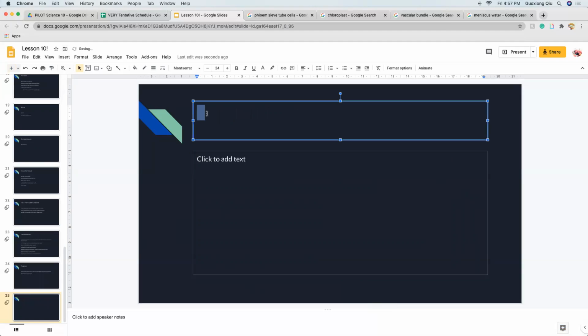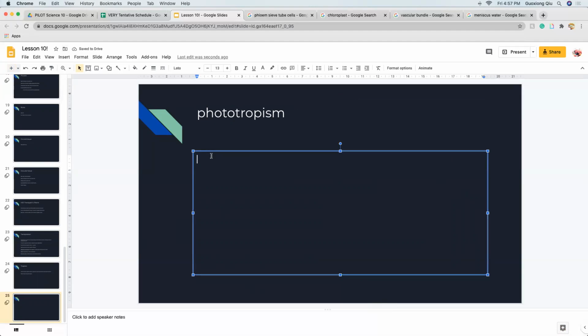First up, phototropism. Plants bend towards light. Plants bend towards light for photosynthesis.